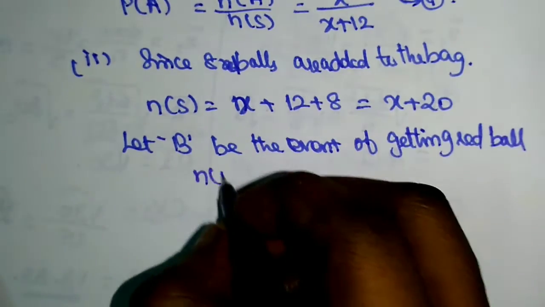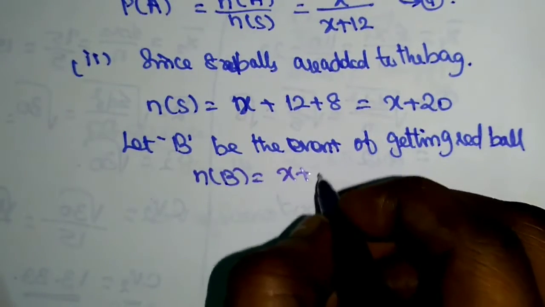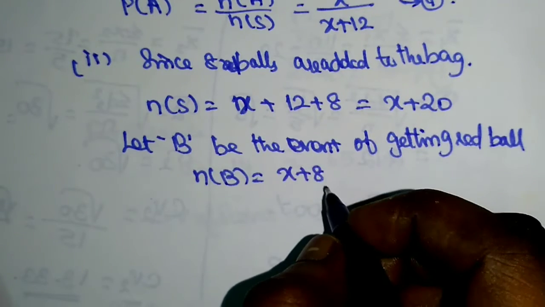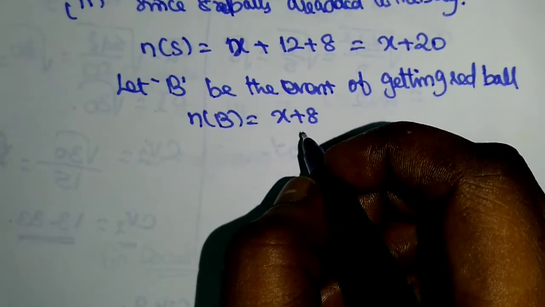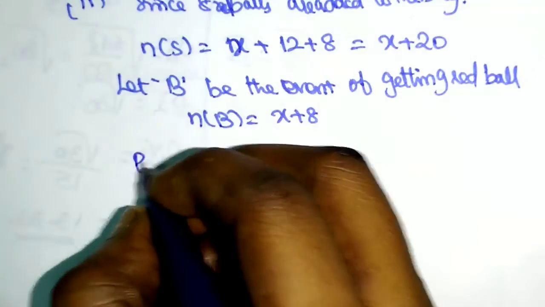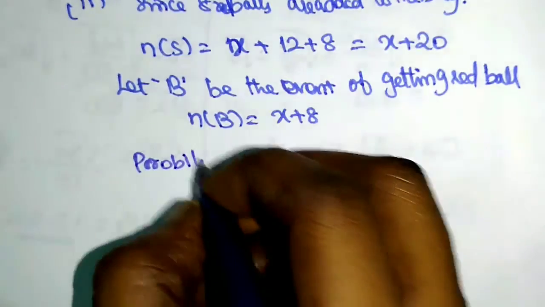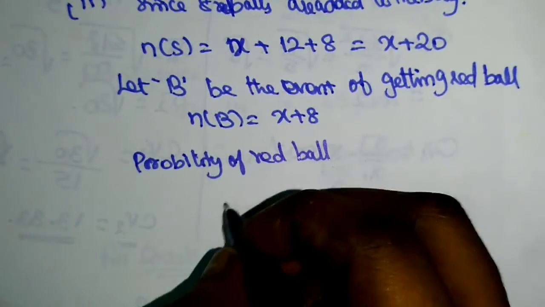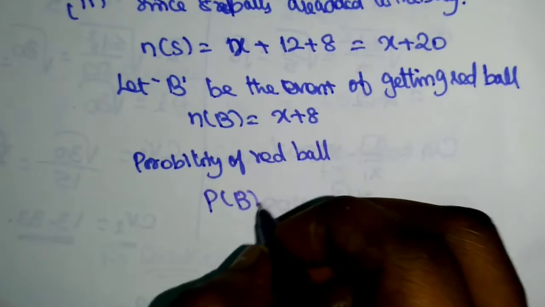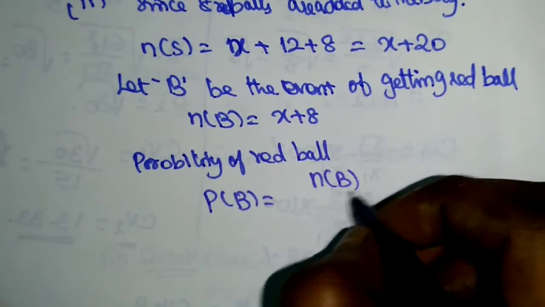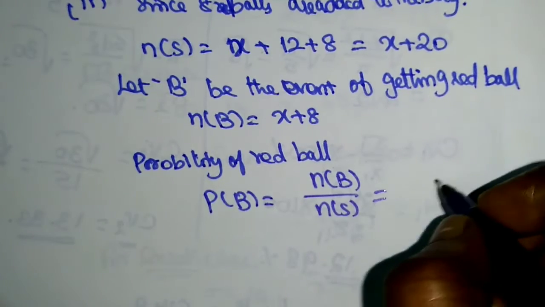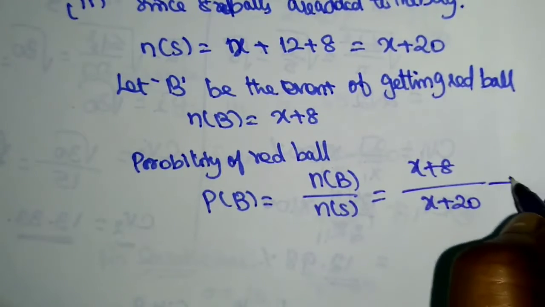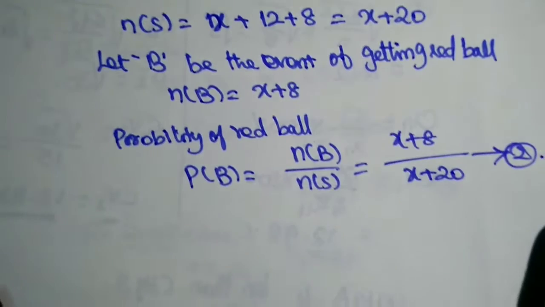So n(B) is equal to x plus 8, because x is also red balls and 8 is also red balls. This is n(B). So the probability of a red ball, P(B), is equal to n(B) divided by n(S), so x plus 8 divided by x plus 20. This is equation number 2.